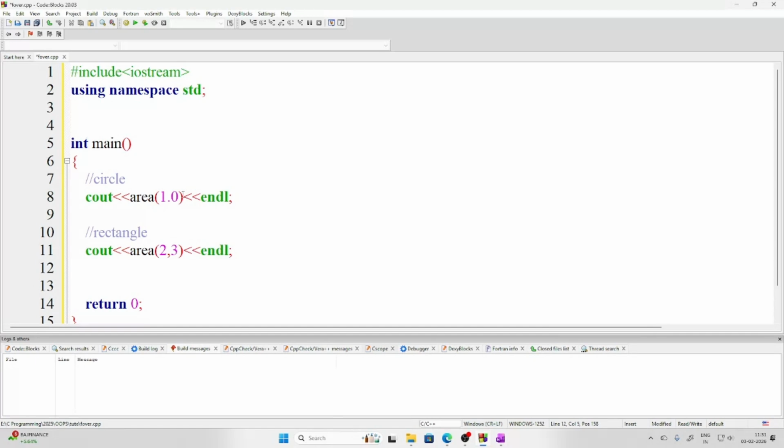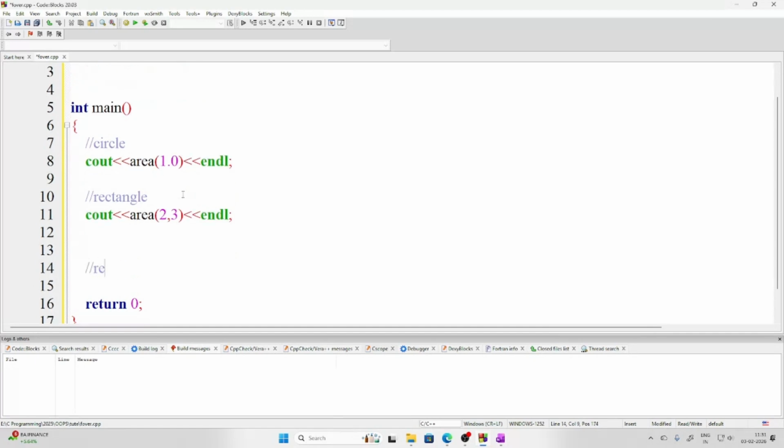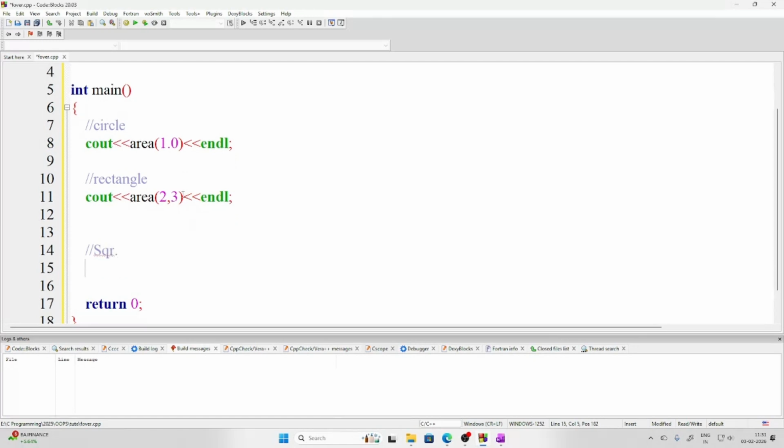Likewise, if I simply say square, and I only give one dimension, then it should be capable enough to give me the area of the square.